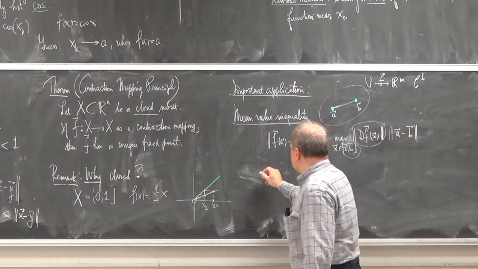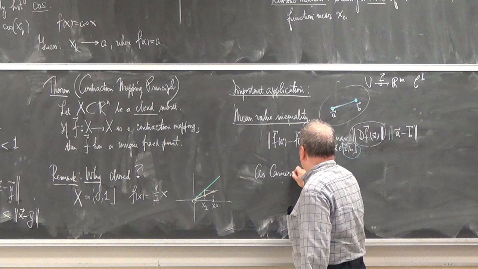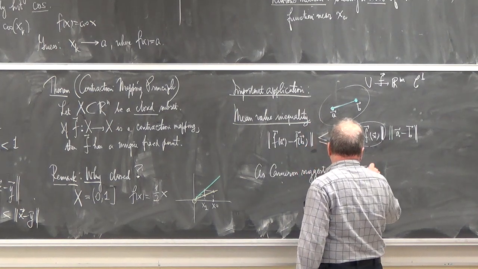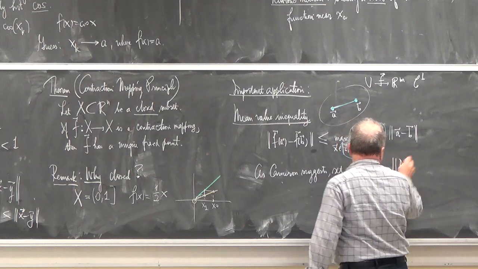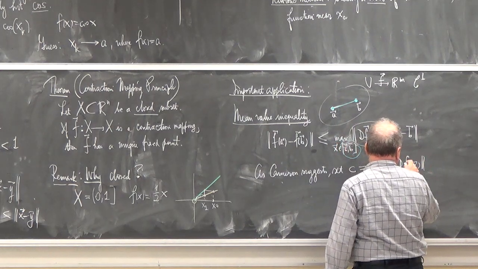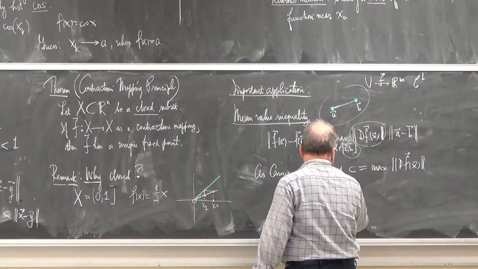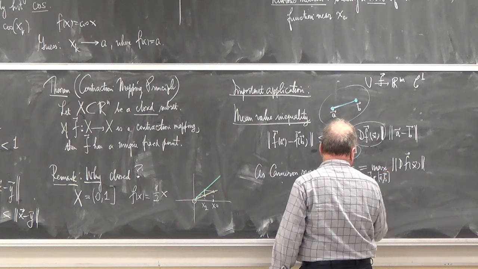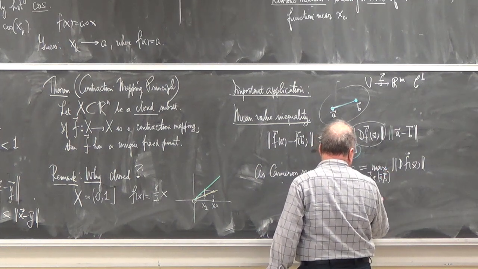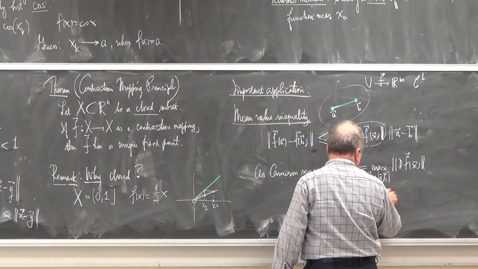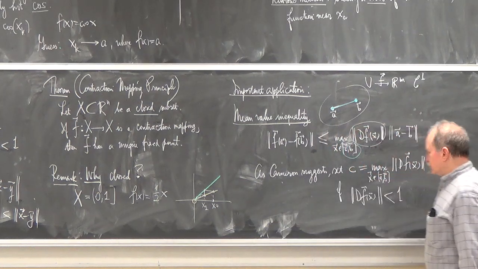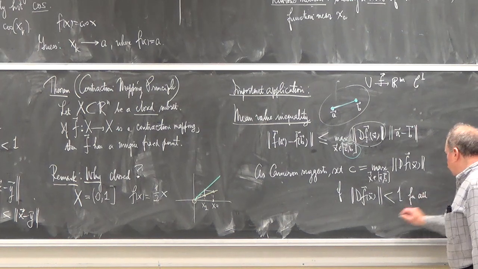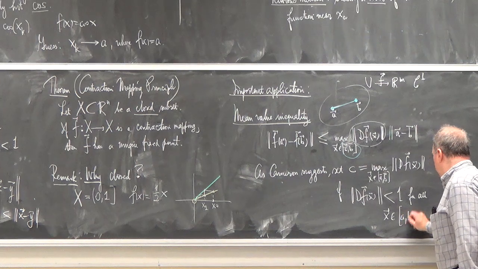So as Cameron suggests, set c equal to the max of all these, if the norm of df at x is always less than 1 for all x in the interval.